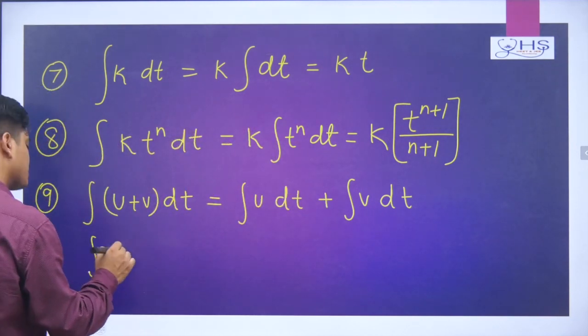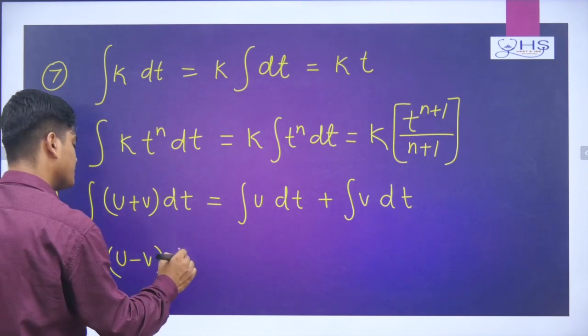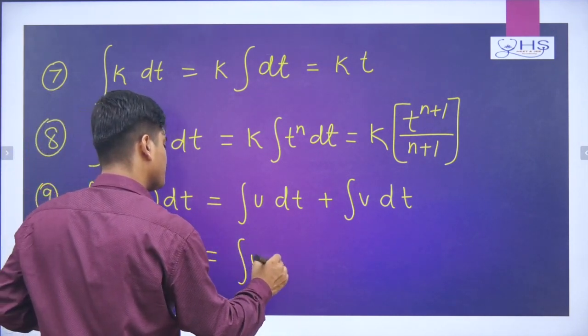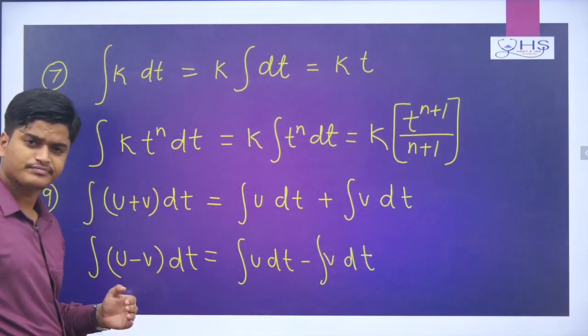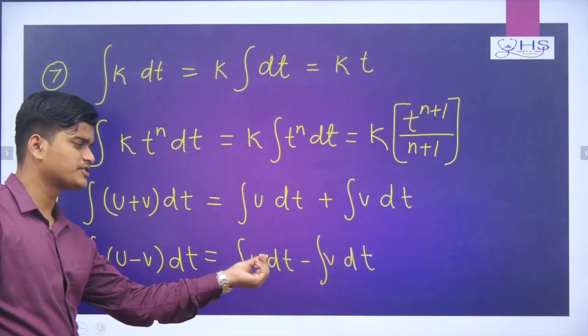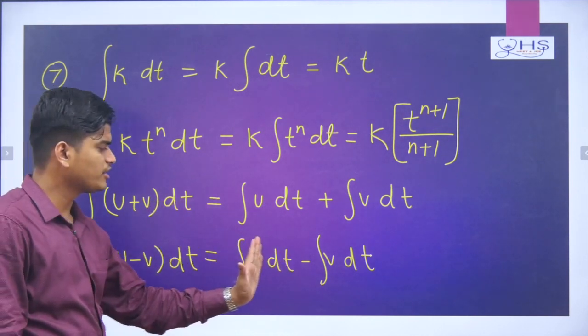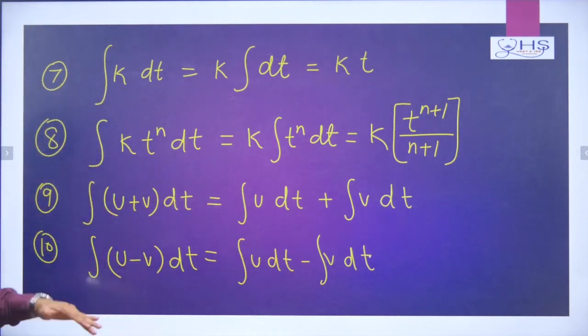Similarly, the integration of u minus v dt is nothing but the integration of u dt minus the integration of v dt. So similarly, if a minus is there, you can separate the integration and give a minus sign. So this is the integration formula you must remember.